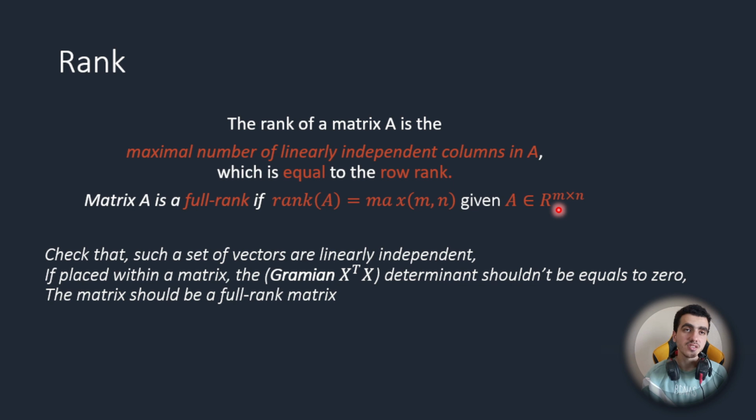If I check that the determinant of this matrix is not equal to 0, and also I have this Gramian matrix, which is X transpose X. We will maybe see it in the PCA lecture, the principal component analysis. If I take the determinant of this matrix and it is not equal to 0, then this matrix is a full rank matrix.